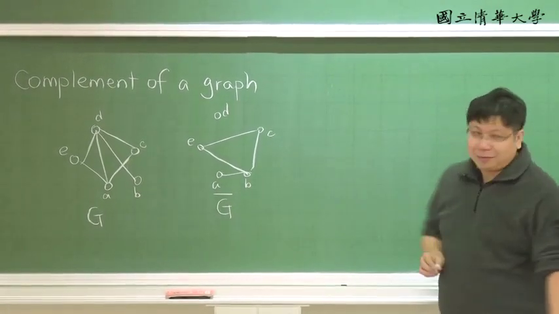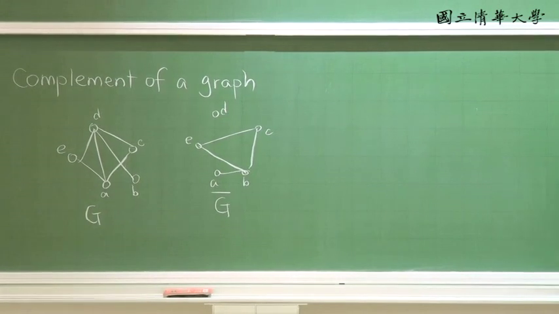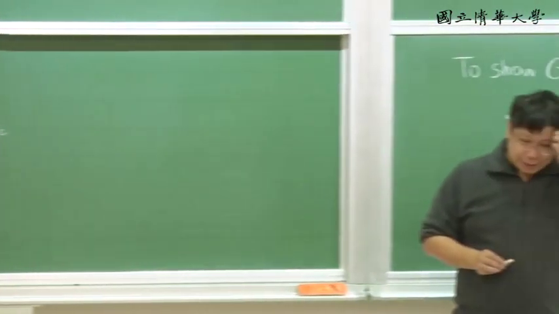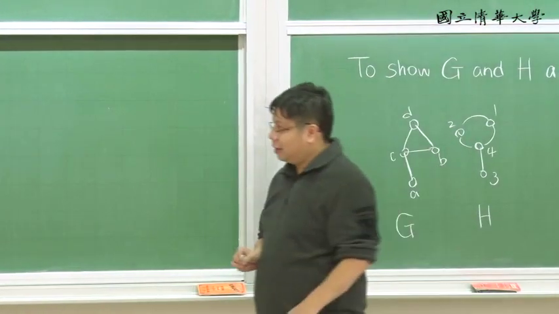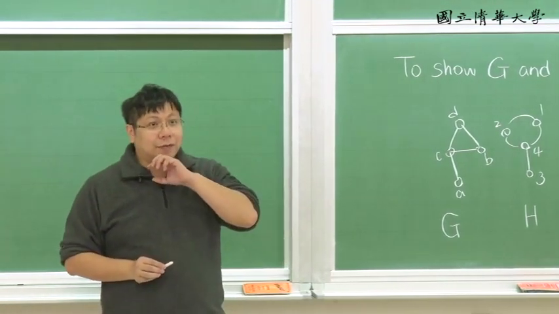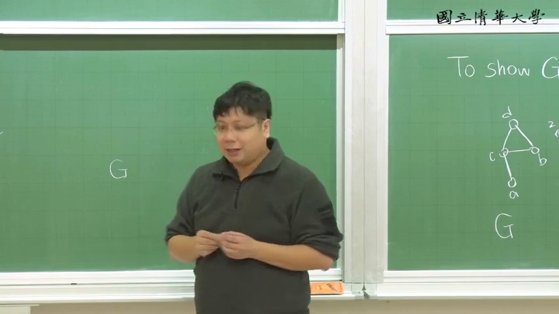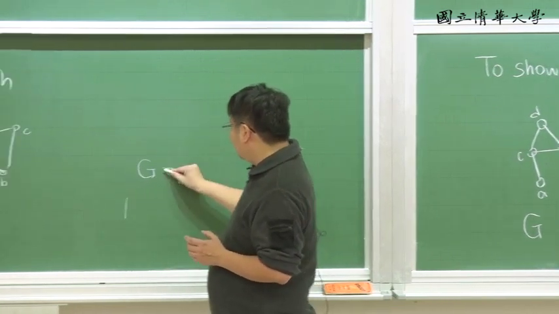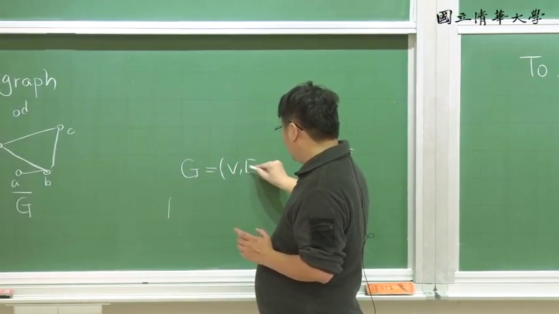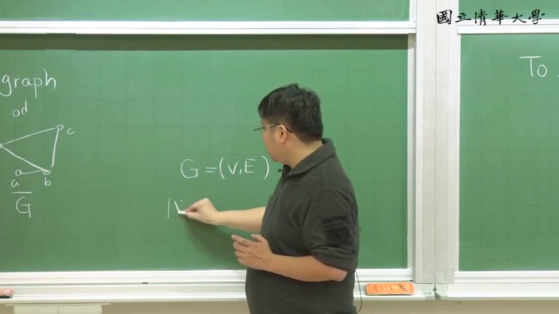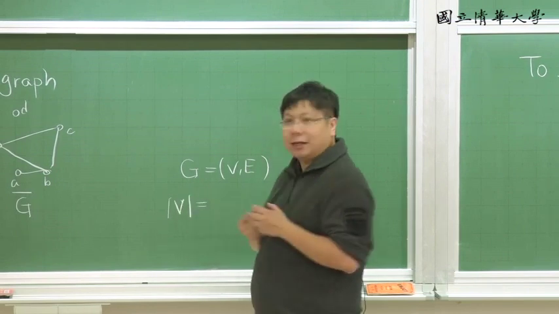Okay, now let me give you an IQ question. Design a graph G such that the number of vertices in G is equal to 5.